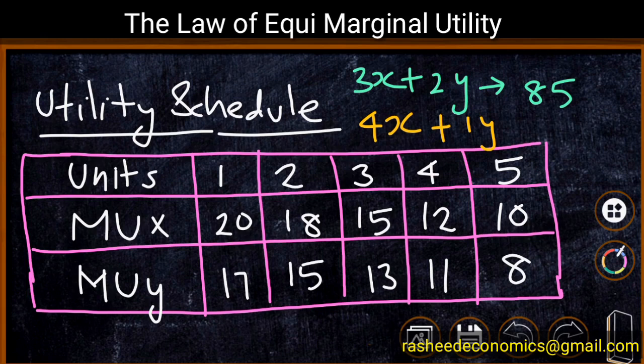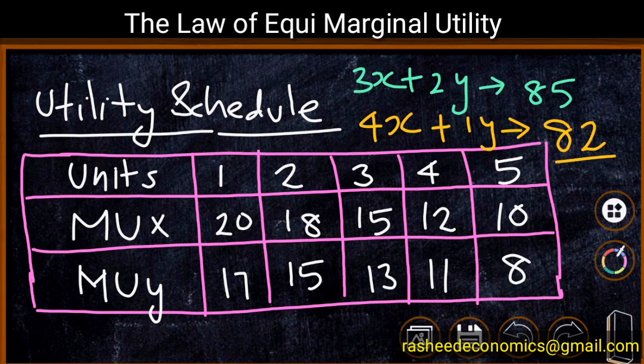In such a situation, the consumer will be getting only 82 units of utility, because while changing this combination, 12 units of utility are added by consuming one more X, but 15 units of Y are eliminated because of the elimination of 1 unit of Y. Therefore, total utility will be equal to 82.